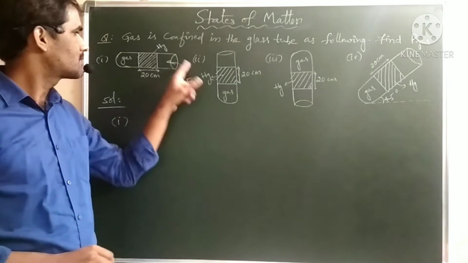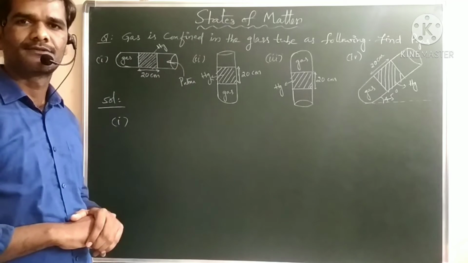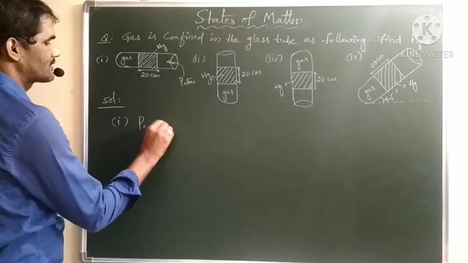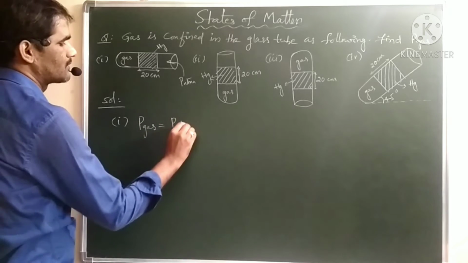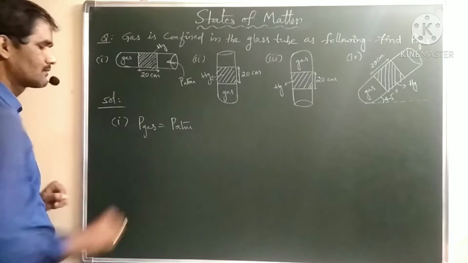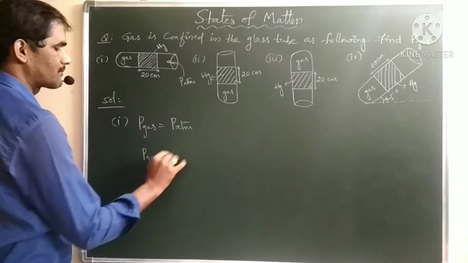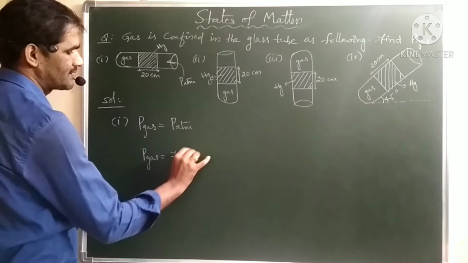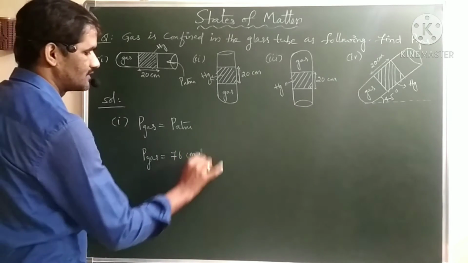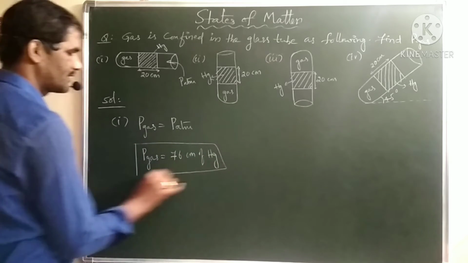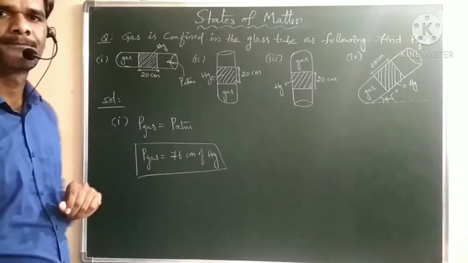So the pressure of the gas is equal to the pressure of the atmosphere, 76 centimeters of Hg. This is the pressure of the gas in the first case.